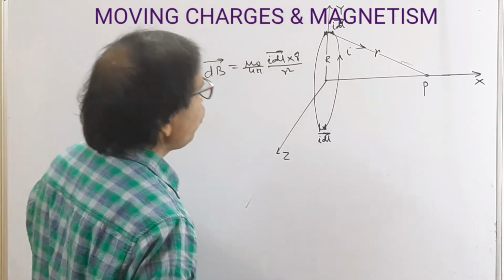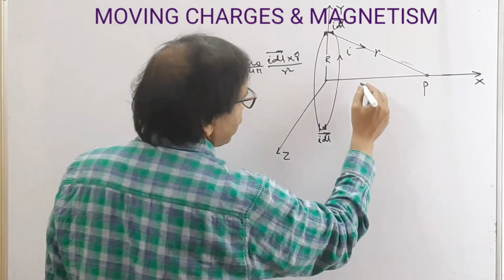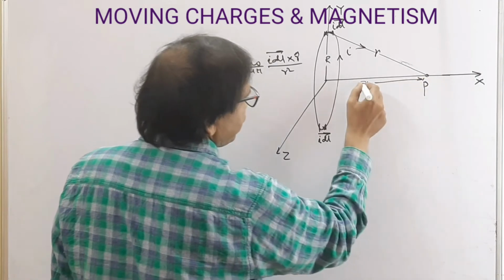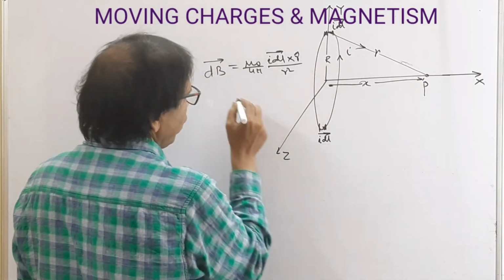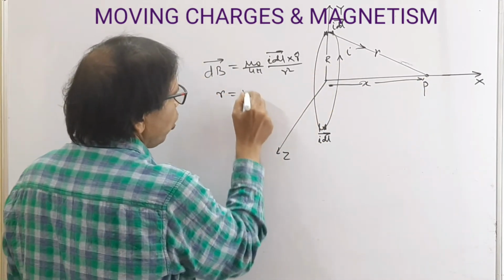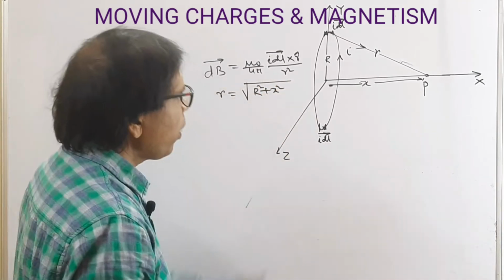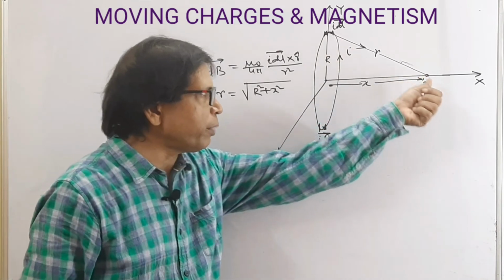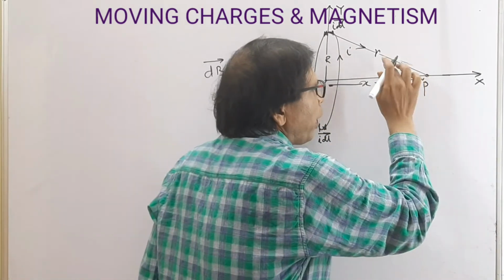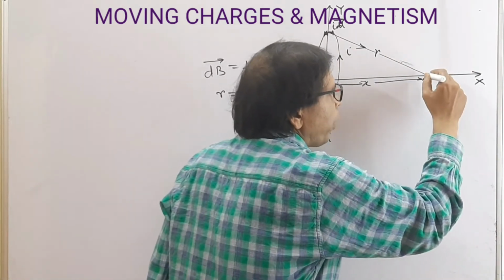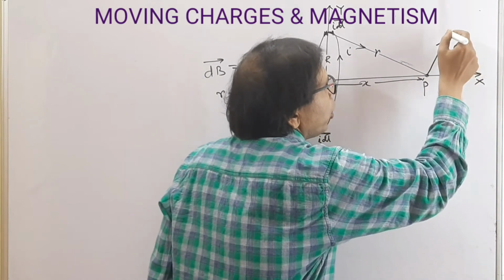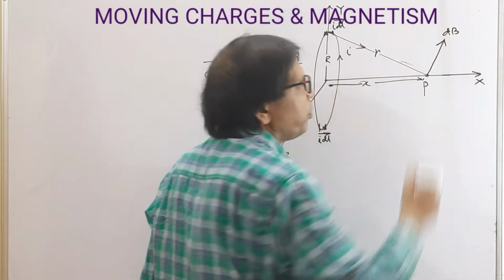Okay. Now look at this. This is the x. This is the x. This is the r. So r equals root under of R square plus x square. Now the direction of the magnetic field at this point is perpendicular to r and also perpendicular to Idl vector. So this is the dB.